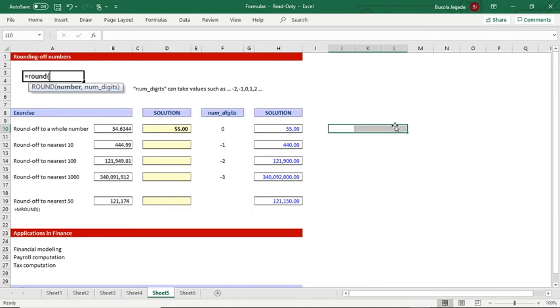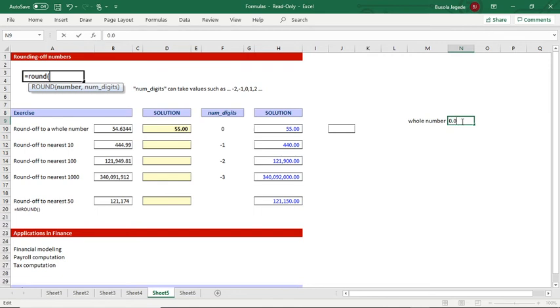Now, I just want to show you something to have an idea of which number of digits you should use for this formula. So here I have whole number. The next cell I have one decimal place, because we're talking about multiples of 10.